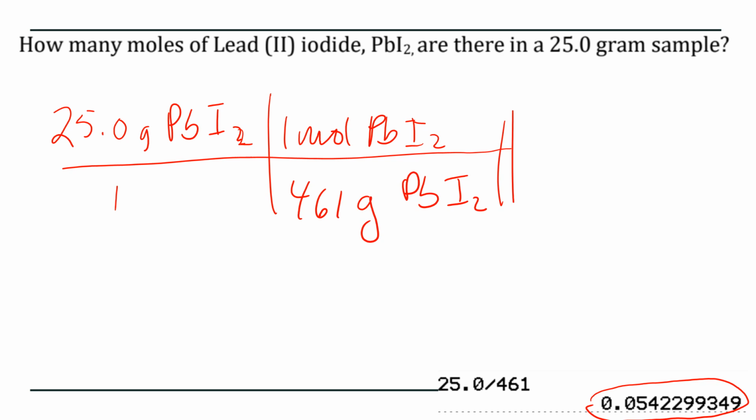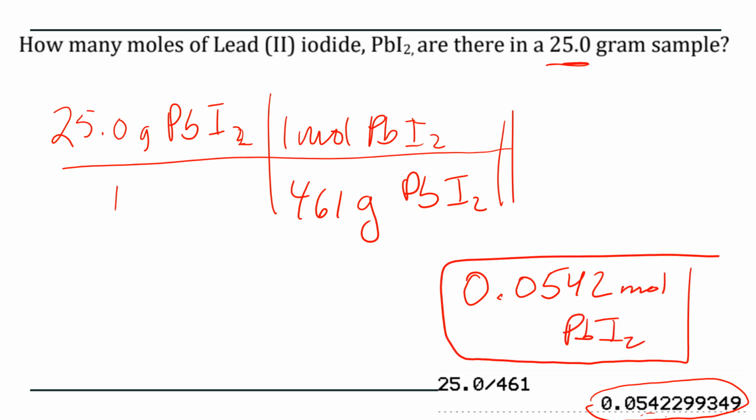So then remember sig fig rules, 3 sig figs, 1, 2, 3, should be 0.0542 moles PbI2. So remember your math. You multiply across 25.0 divided by 1 times 461, like that. You divide those two numbers, call it a day.